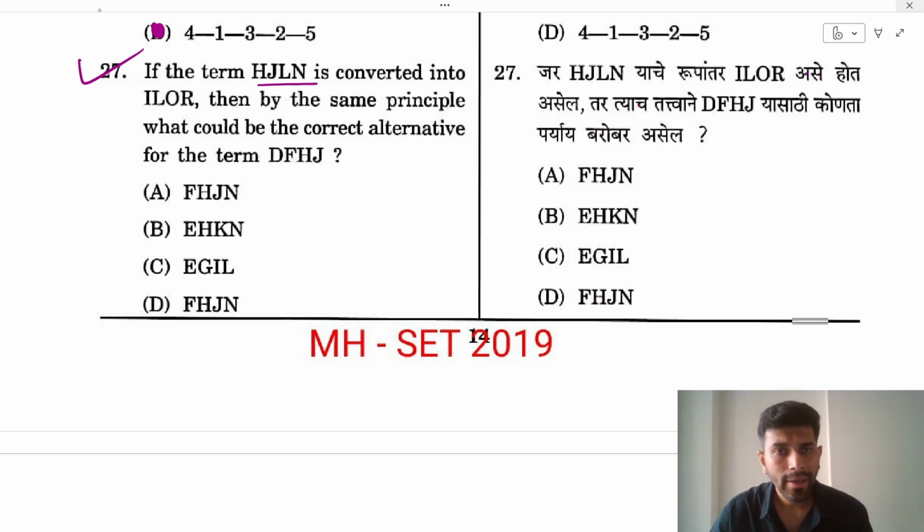Next, if the term HJLN is converted into ILOR, then by the same principle, what could be the correct alternative for the term DFHJ?